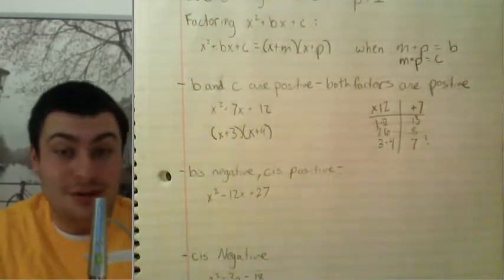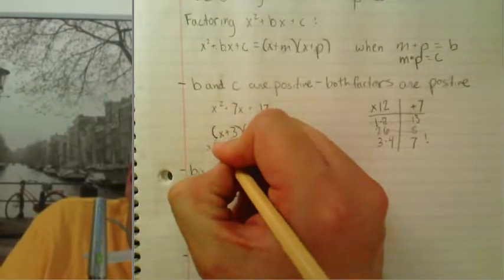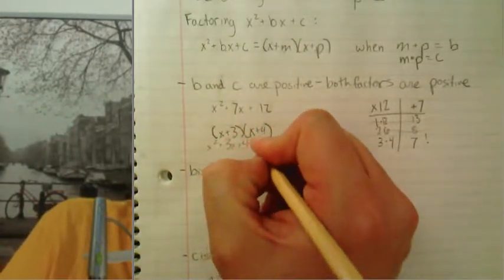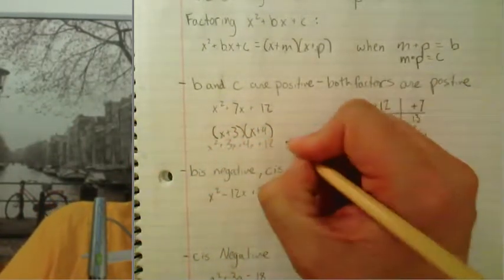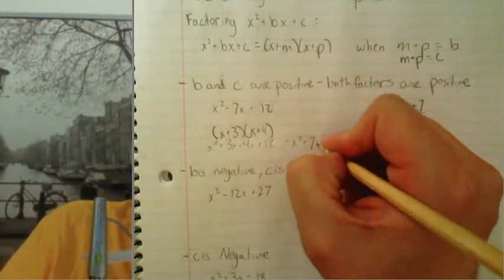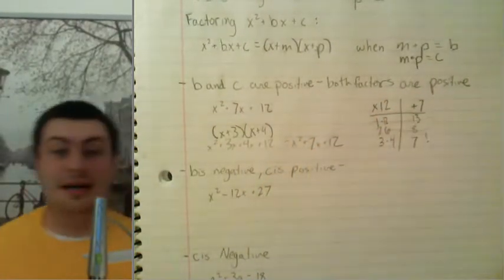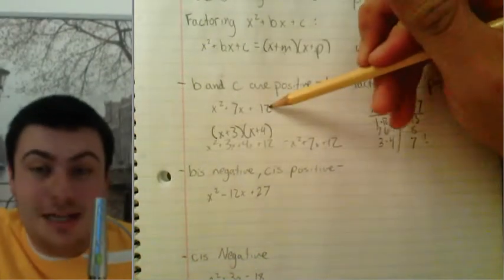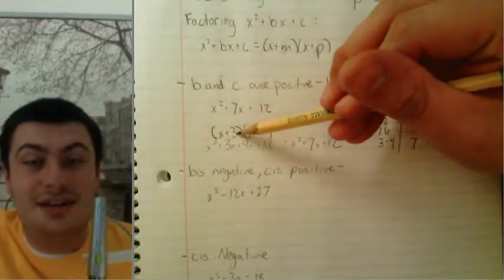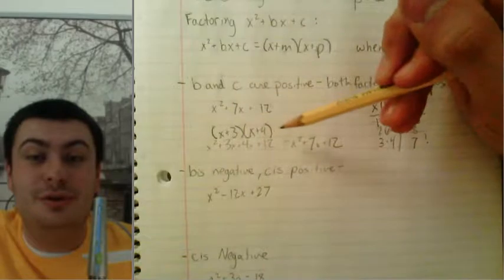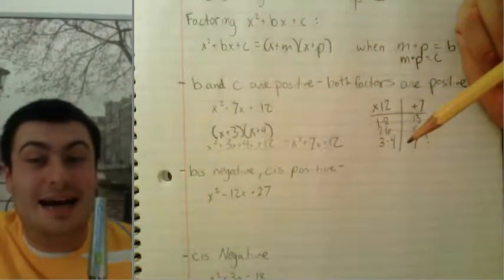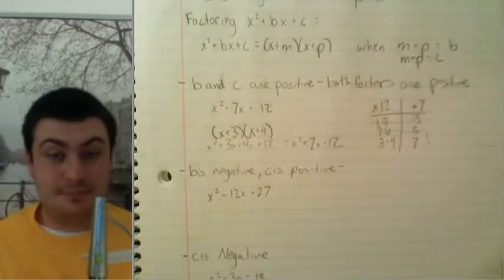When in doubt, quick FOIL it out. We get x squared plus 3x plus 4x plus 12, also known as x squared plus 7x plus 12. So we found what multiplies to 12 and adds to 7, and those become the two factors in our factoring.